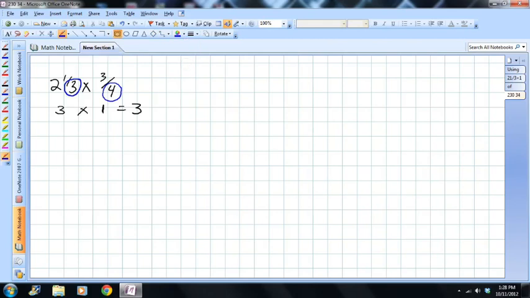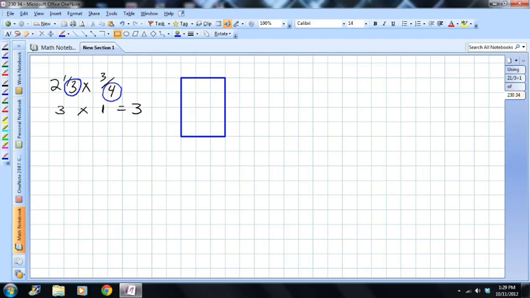So here we go with our first rectangle. 3 units tall, 4 units wide. Here's another one, 3 units tall.